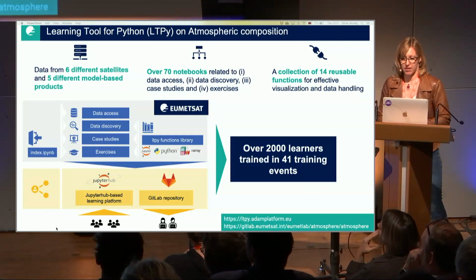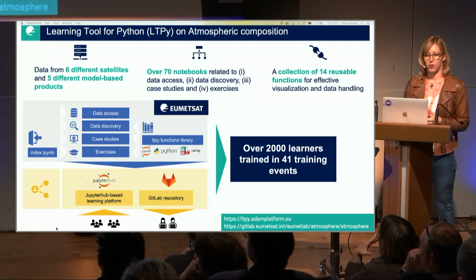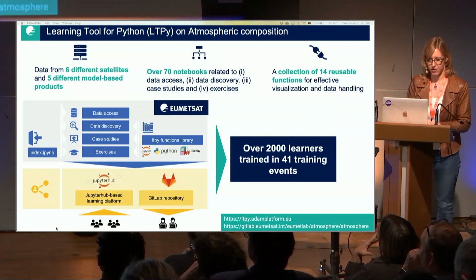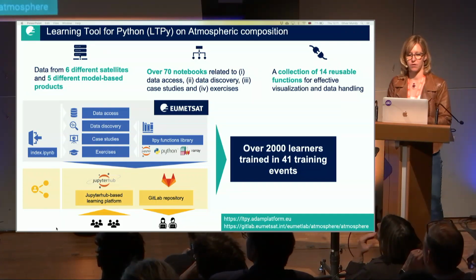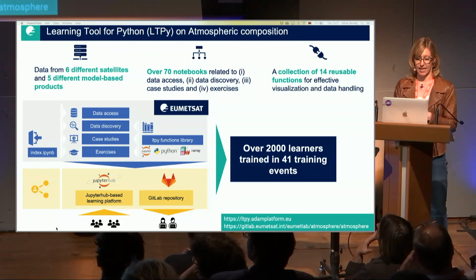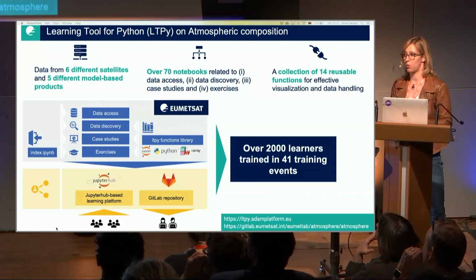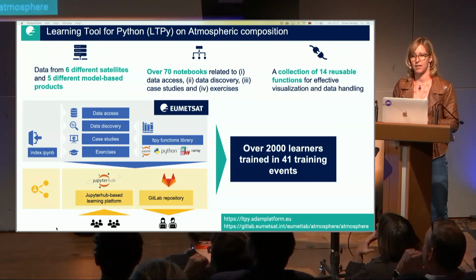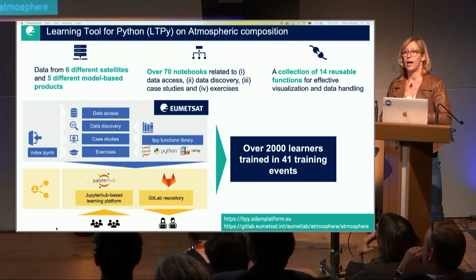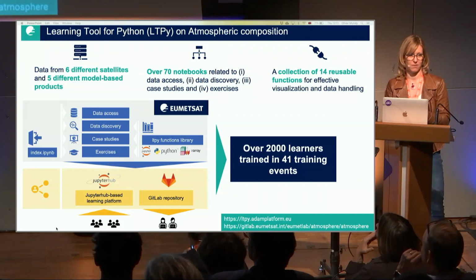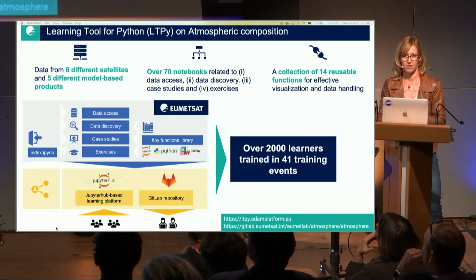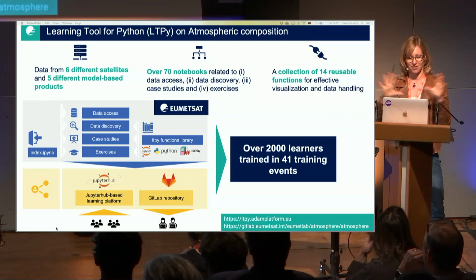So these guiding principles have mainly emerged from a training course I've been involved in from the beginning. We started to develop this training course in 2019, and it consists of more than 70 notebooks with different modules on how to access data, because with Earth observation data it is not very simple, it's a very scattered landscape.